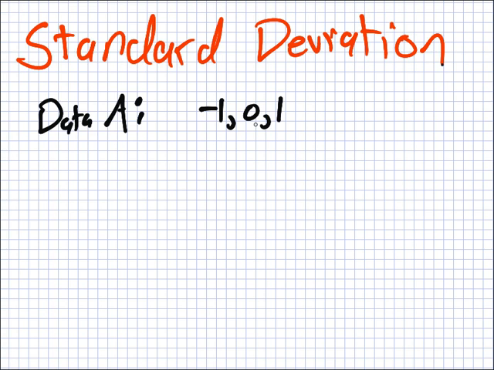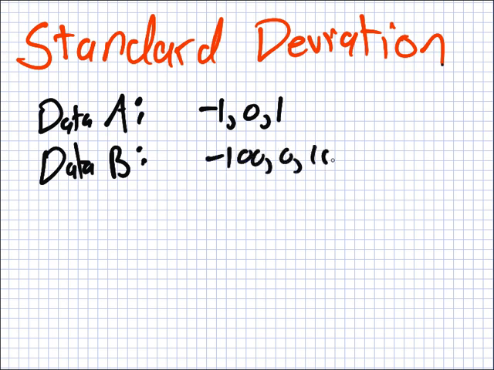And the midpoint average? It'll be 0 here. If I look at data B, mean average? 0. Mode, none. Median, 0. Midpoint, 0.